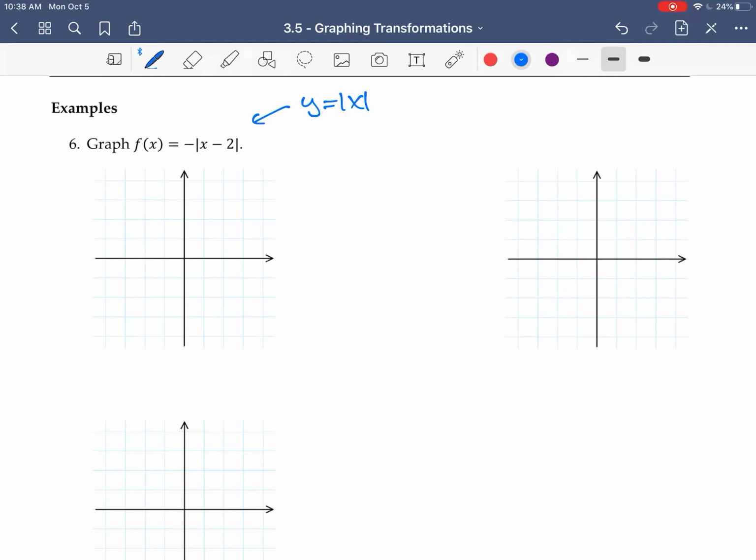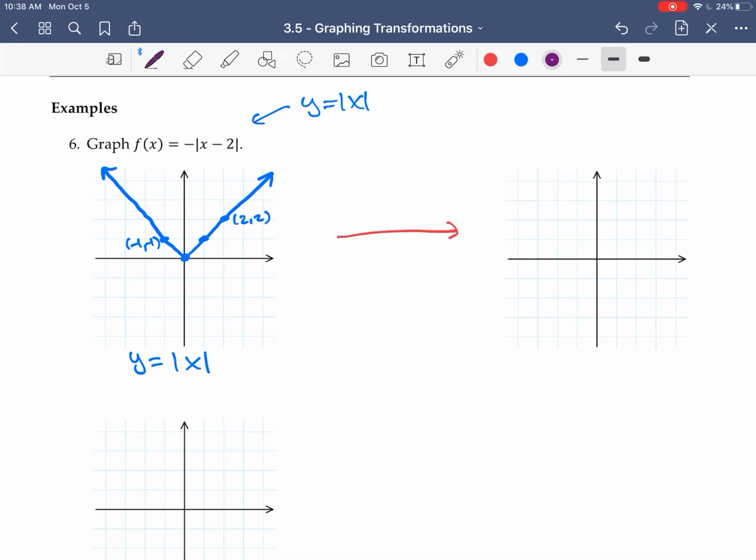So we're going to start with the absolute value of x, which we know looks like this. You can have a few points on here if you want: 2, 2, -1, 1, etc.